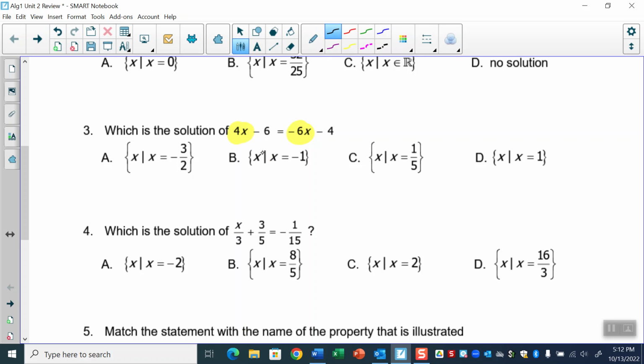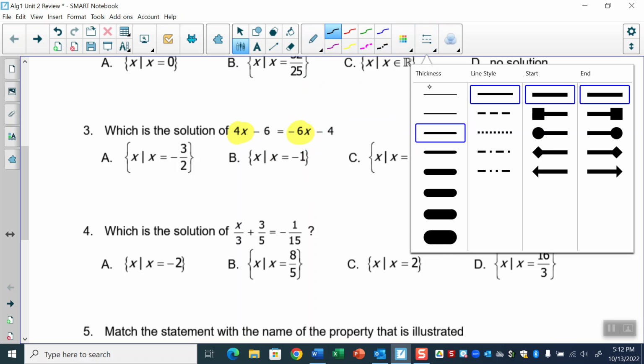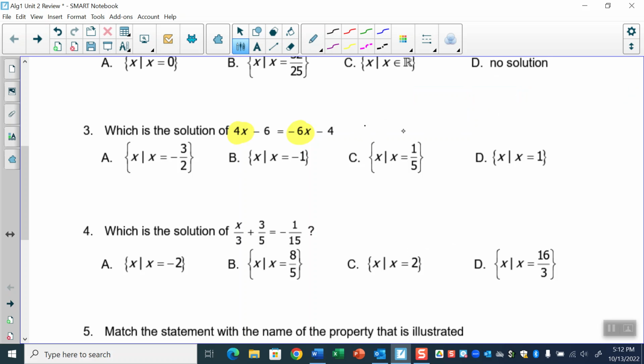So I'm going to solve this equation, and maybe I'll come over here, give myself some space. I'm going to go ahead and add 6x to both sides. And so that gives me 4x plus 6x is 10x.